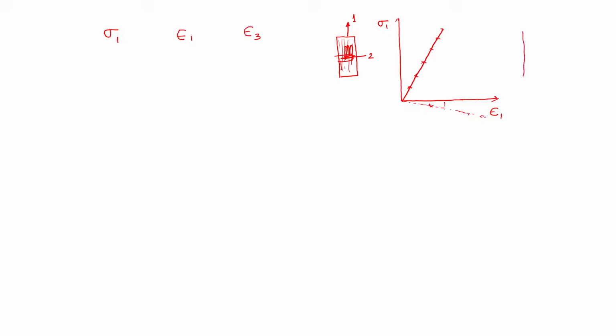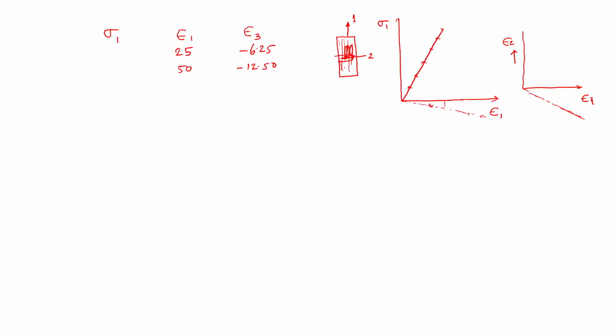You may put another diagram. Corresponding to epsilon 1, you can put this epsilon 2. So this line will give corresponding to epsilon 1 what is the epsilon 2. So you have these values 25, minus 6.25, 50. All these, I am not repeating.